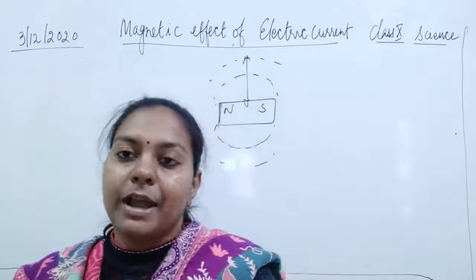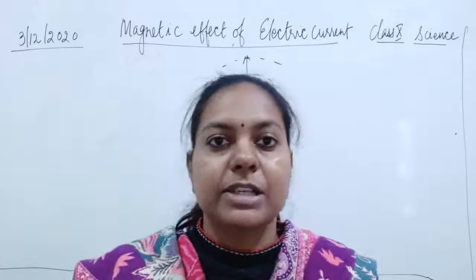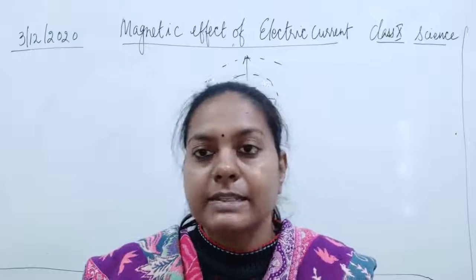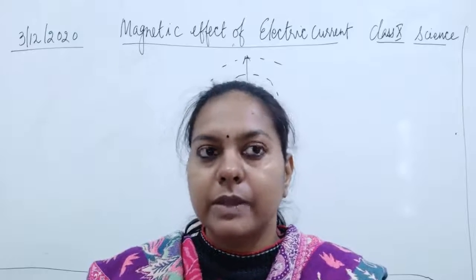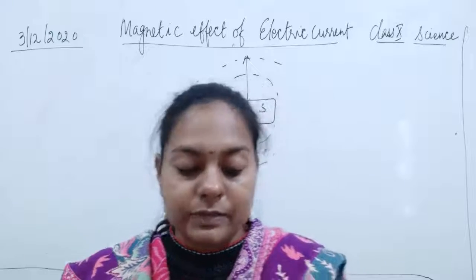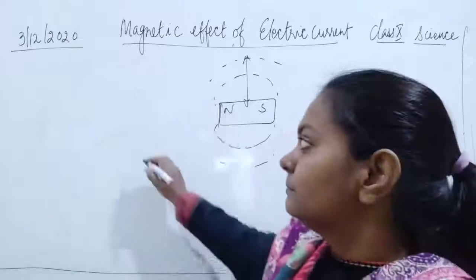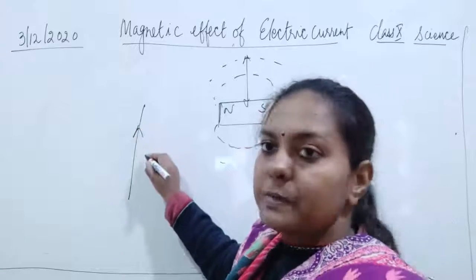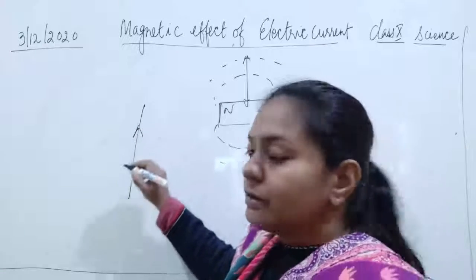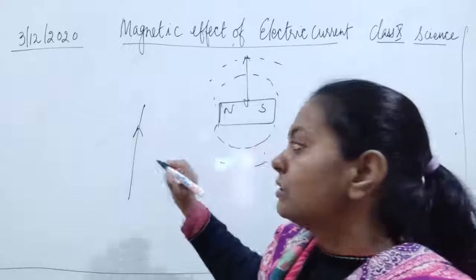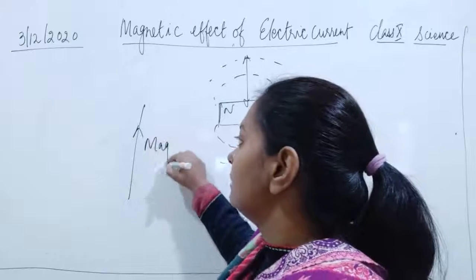How is this electromagnetism generated? It is generated when a solenoid or a straight current carrying conductor has current passing through it. What is the direction of the magnetic field?